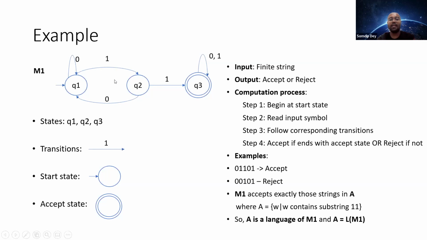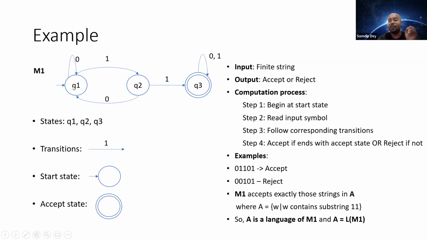The goal is that, given a finite string as input, the output needs to be whether the machine accepts or rejects that string, which means whether the machine can read that string or not. For the computation, step one is you begin at the start state, which in this machine is Q1.